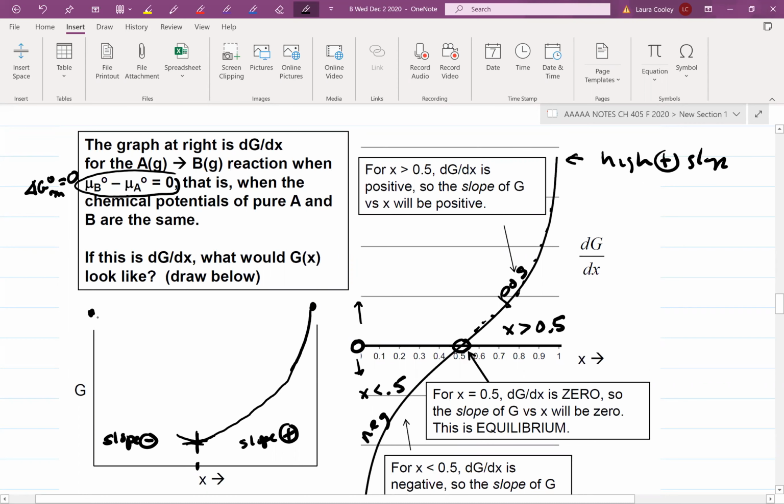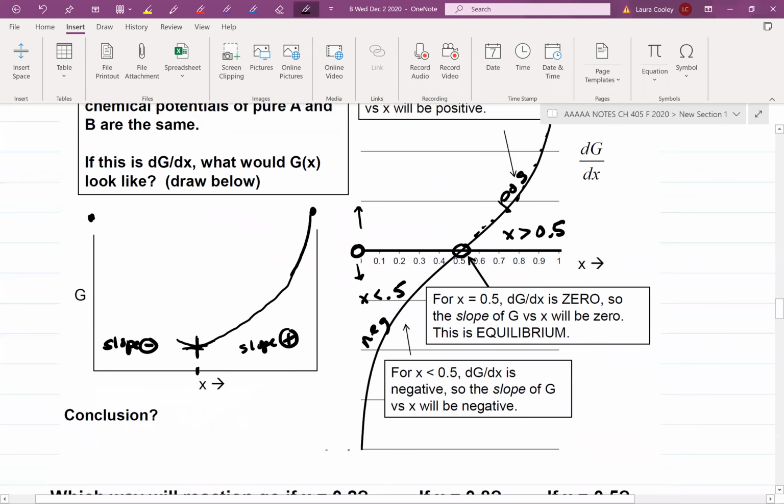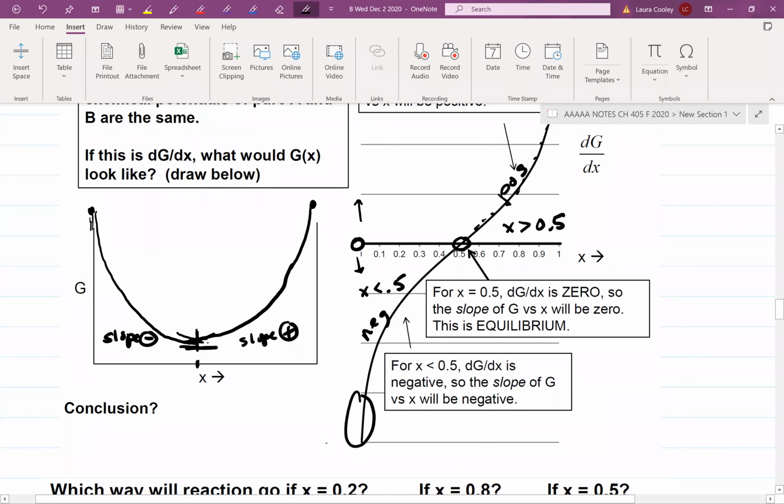You start off with a big negative slope way down here, and then gradually it gets less. So you have something that really looks like this. You have your equilibrium right here at the bottom, with slope positive on one side and slope negative on the other.